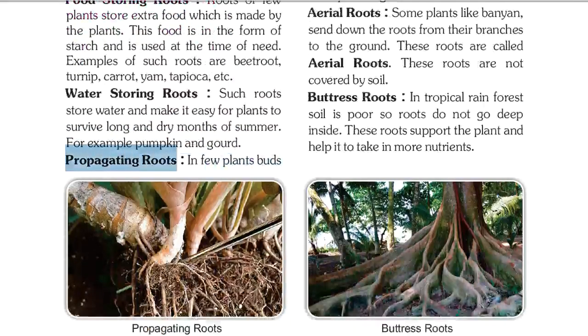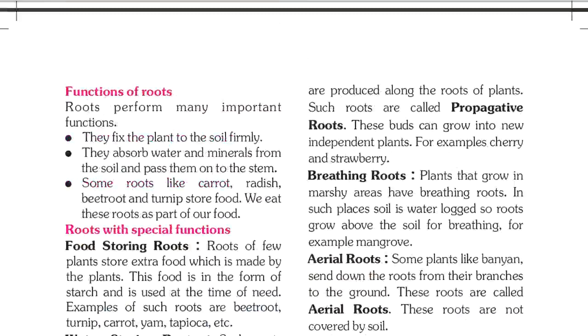Propagating roots. In a few plants, buds are produced along the roots of plants. Such roots are called propagative roots. These buds can grow into new independent plants. For examples, cherry and strawberry.